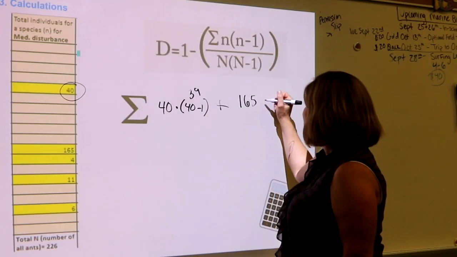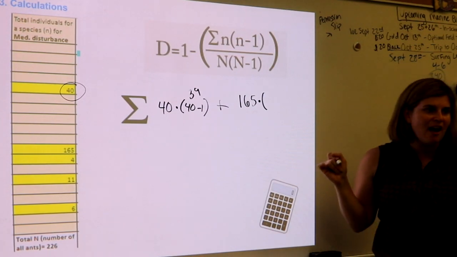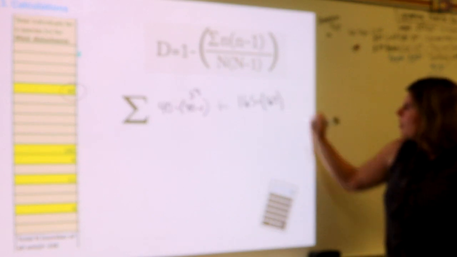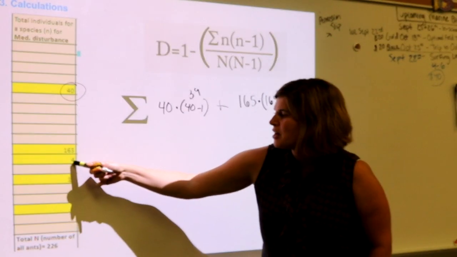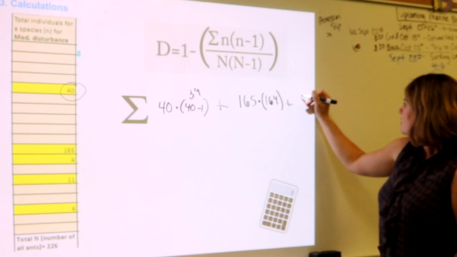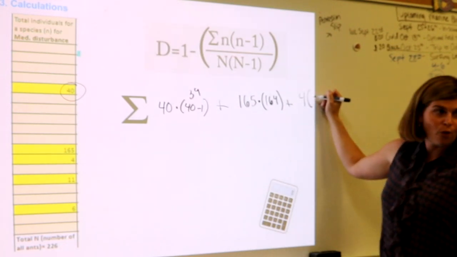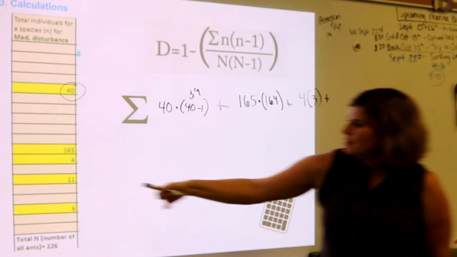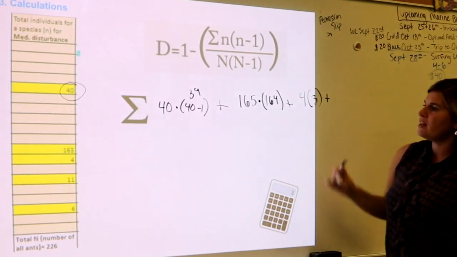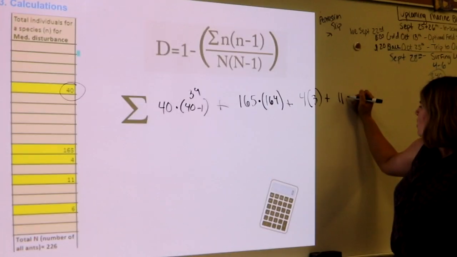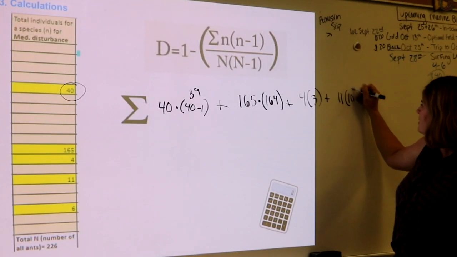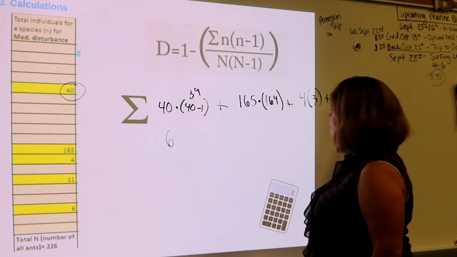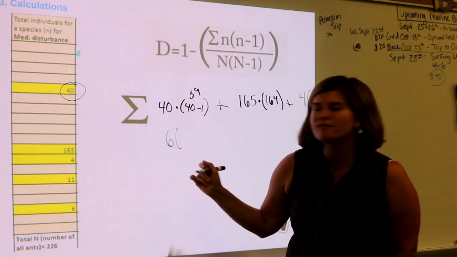So 165 times 165 minus 1, or 164. Plus, our next little n is 4, so 4 times 4 minus 1, which is 3. Plus, we've got 11, so 11 minus 1 would be 10, so times 10. Then our last one is 6, plus 6 times 6 minus 1, which is 5.